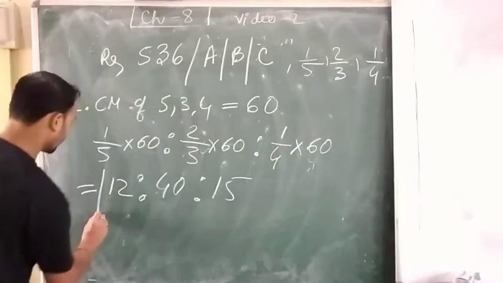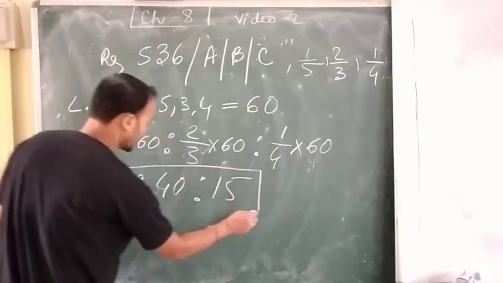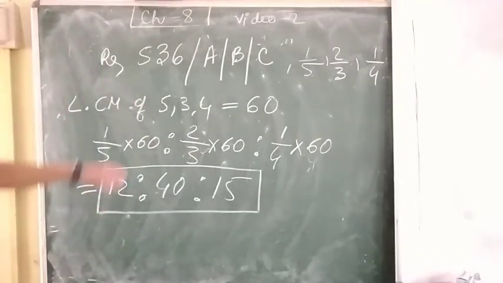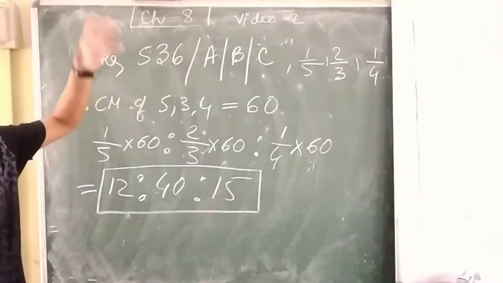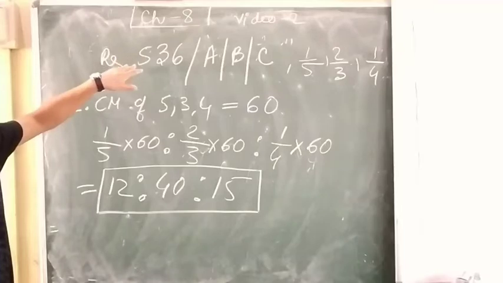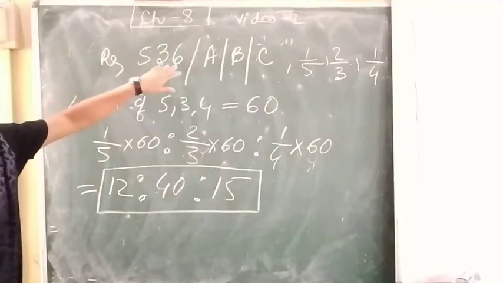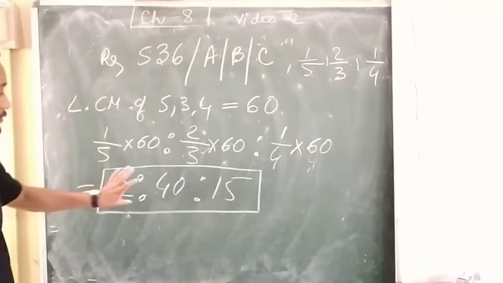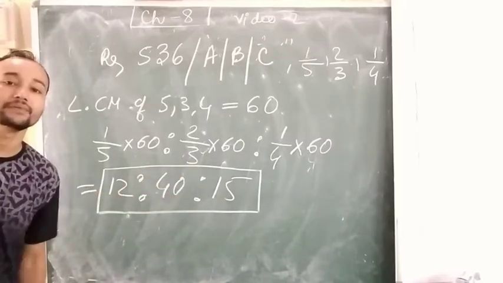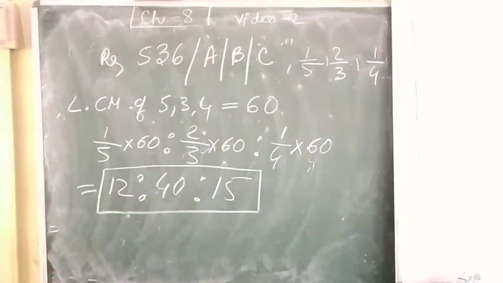Yes, this is our new ratio. Now A, B, C are going to have money from 536 in this ratio, 12 is to 40 is to 15. Fine. Now how are we going to do this? You can take the X method or another method.